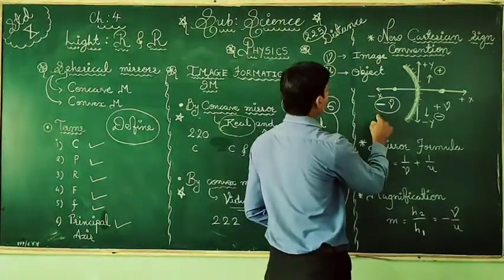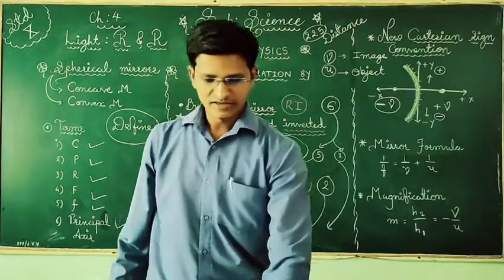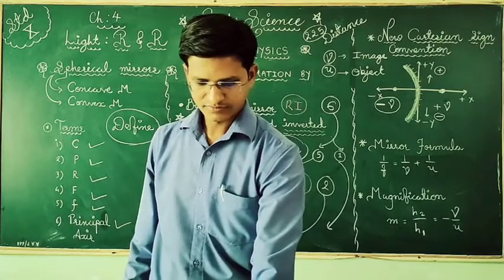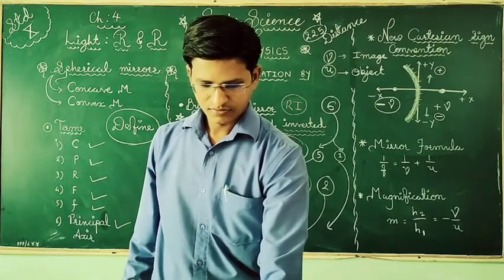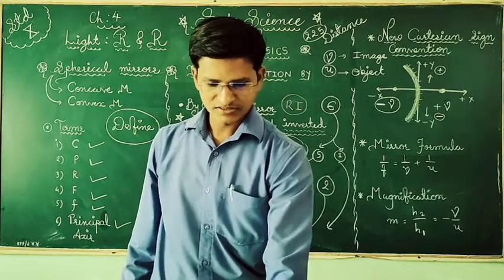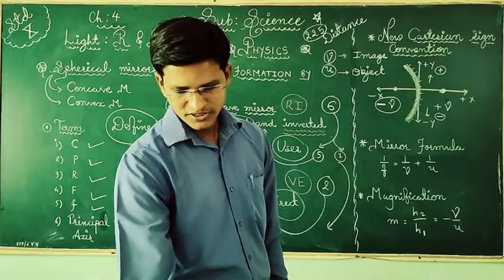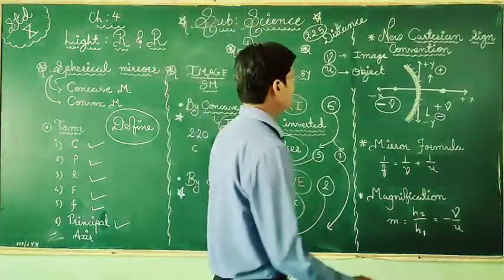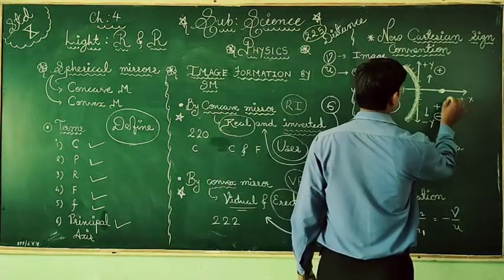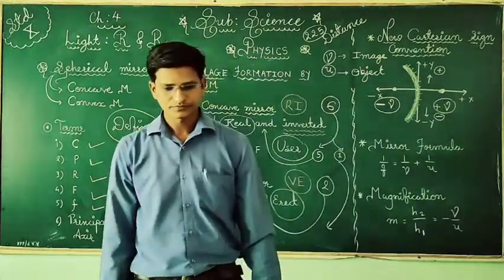It means the object distance is negative in a concave mirror. And image distance v is positive.